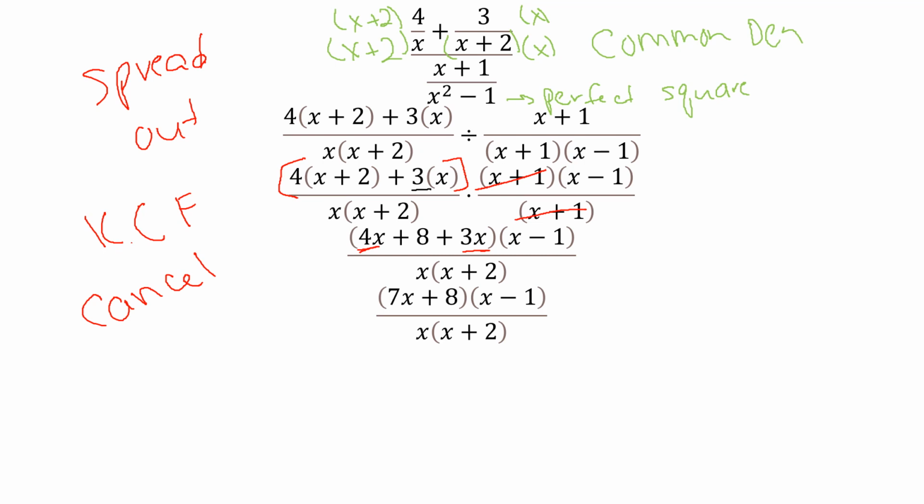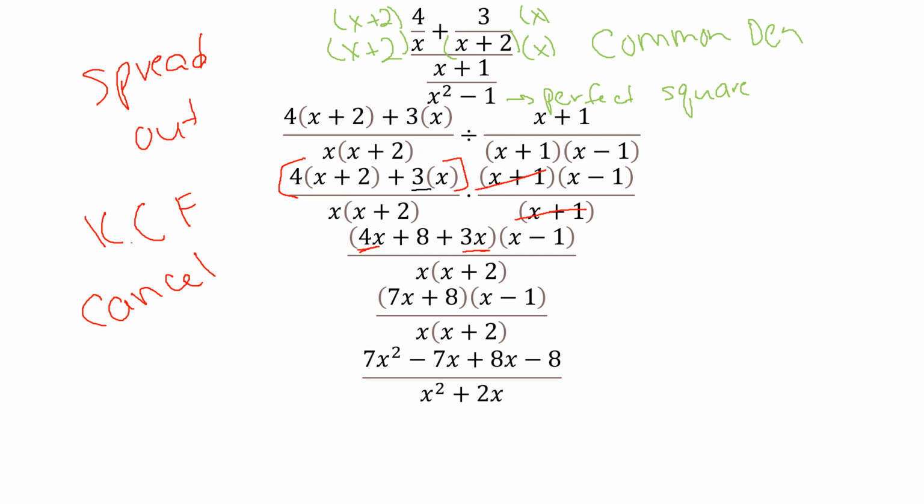And now I'm going to use distributive property. I'm going to multiply my 7 to both pieces, my 8 to both pieces, x to both pieces. I end up with 7x times x is 7x squared. 7x times negative 1 is negative 7. 8 times x is 8x. 8 times negative 1 is negative 8. x times x is x squared. x times 2 is 2x.